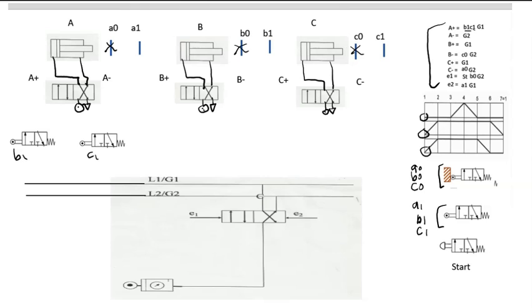And we're going to use the right side because it is the normal limit switch. Link it to the A plus side, and we're going to go to G1. So from B1, it will meet C1 together going to G1. Next, A minus. A minus direct to G2.